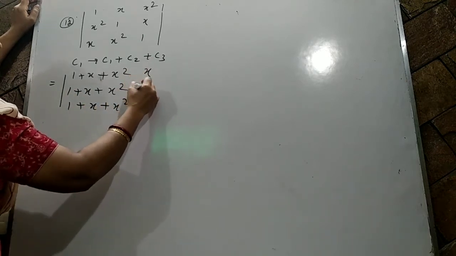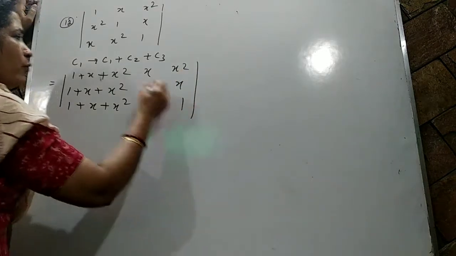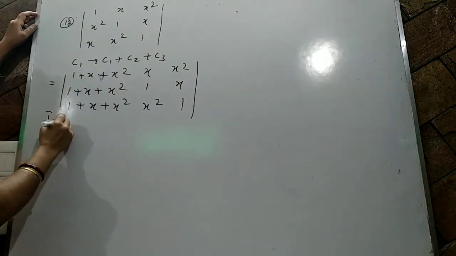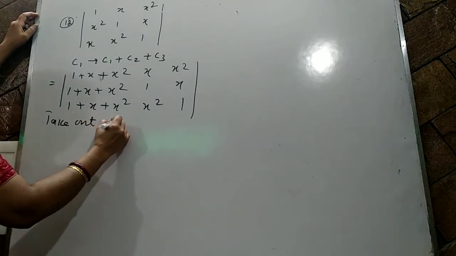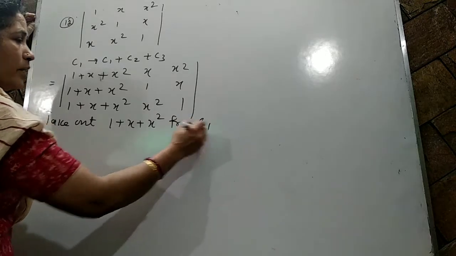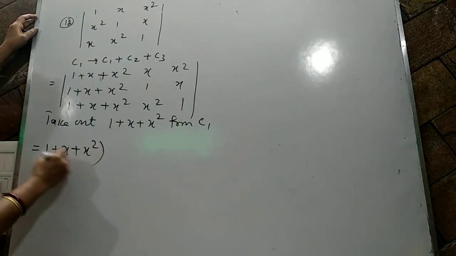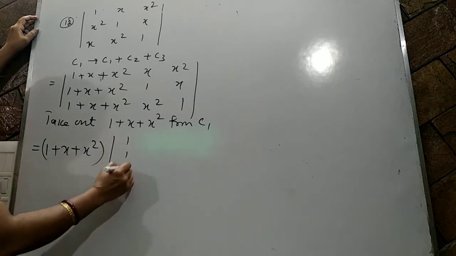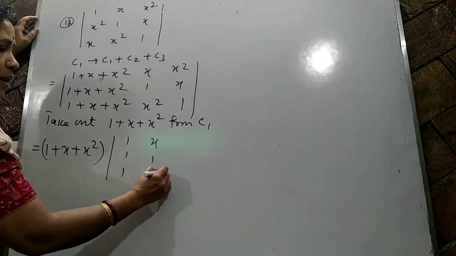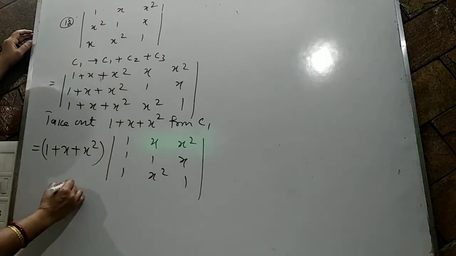Then second column is the same, x 1 x square, then x square x 1. Now if I take out, yes better, 1 plus x square from C1, that is equal to 1 plus x square into 1 x 1 x square, then x square x 1. Okay, now easily you can make it 0.